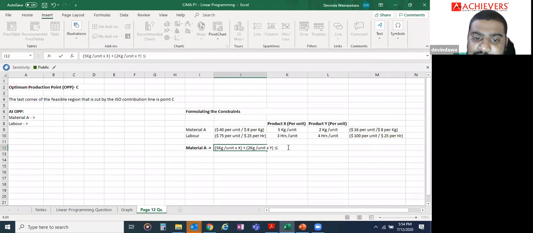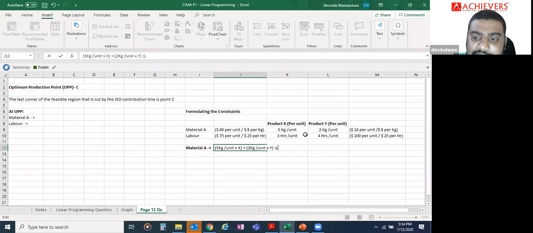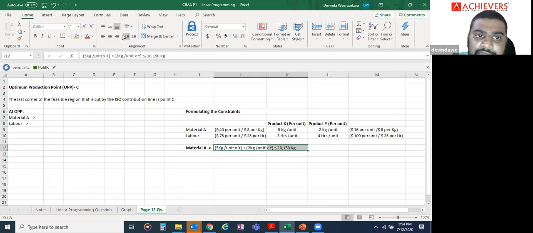The maximum amount of material A available. How much is that? 10,150 kilos, right? So the amount required for product X plus the amount required for product Y cannot exceed 10,150 kilos, because that is the maximum amount of material A that we have.